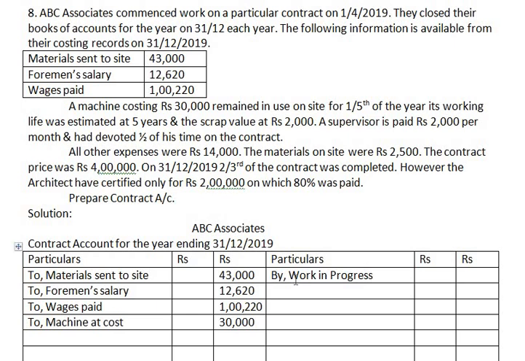Work in progress, then work certified, and then work uncertified. Then here we are going to take by scrap, 2,000.